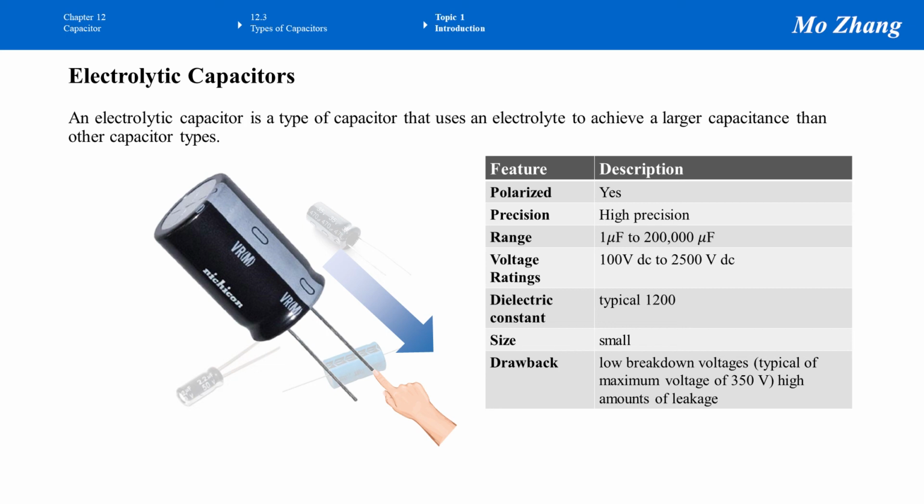The typical dielectric constant is around 1200. And most of the time, this capacitor has a very small size. The drawback is low breakdown voltage, typically a maximum voltage of 350 volt, and high amounts of leakage.